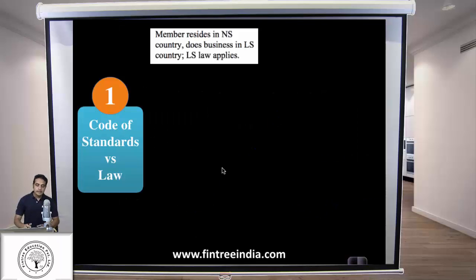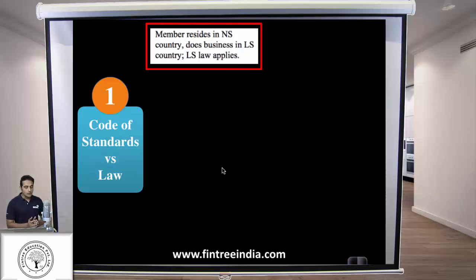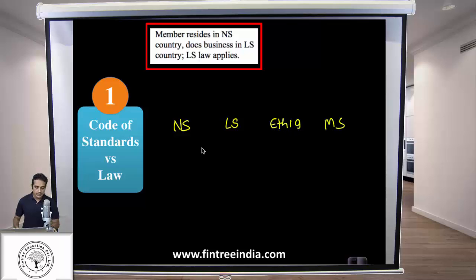Now what they have done is, in the CFA curriculum, which is the official text, they have given 7 to 8 different scenarios, and they have asked us to decide what should be the action based on those scenarios. So what I want you to know is this: they will be using the terms NS, then LS, then ethics and MS. NS would mean no securities law.